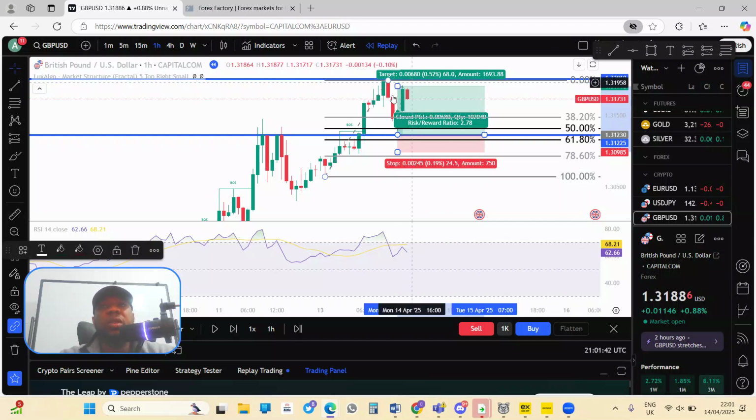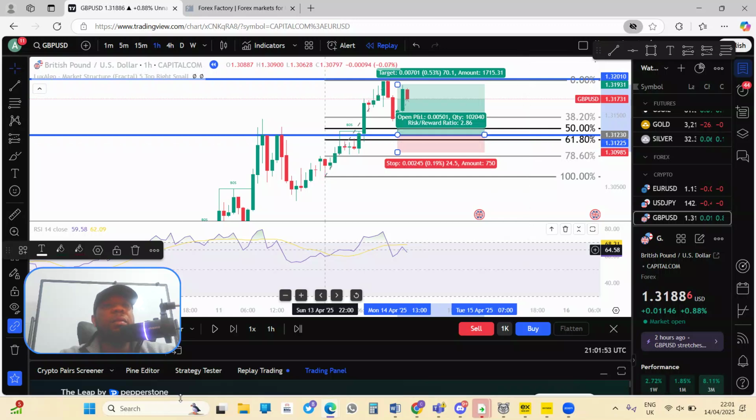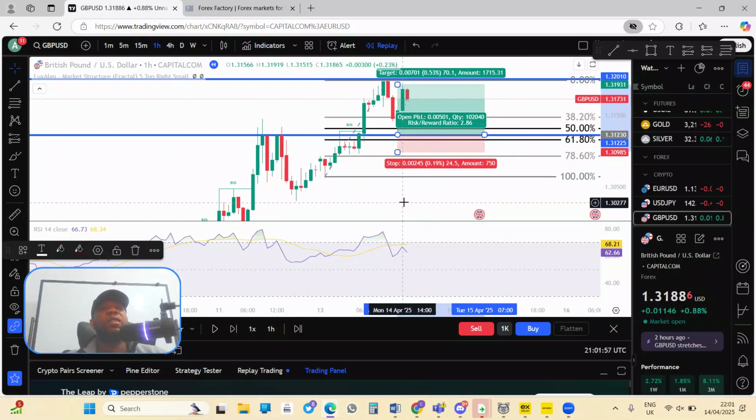It didn't get to 3200, so it gives me a risk to reward ratio of about 1.3, and then the market hit my take profit.